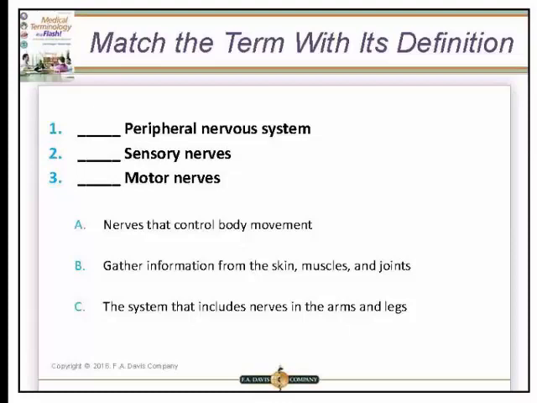These changes provide the body with increased energy and oxygen while slowing some functions such as digestion, which are less important at the time. The parasympathetic nervous system essentially creates an opposite response and dominates during non-stressful times. Some of its effects include decreased heart rate, bronchoconstriction, and increased peristalsis.